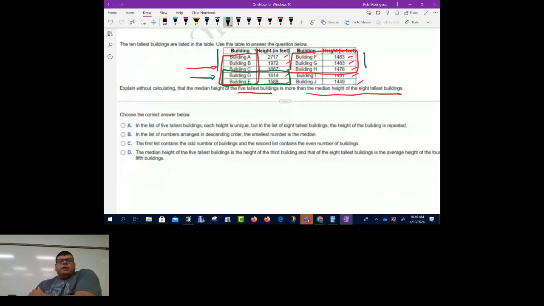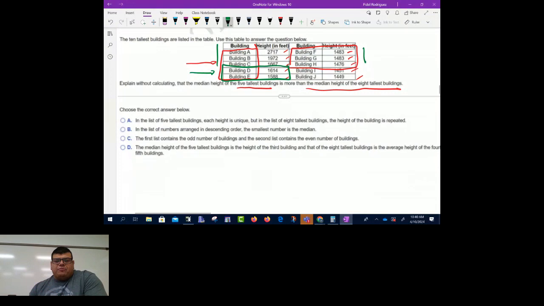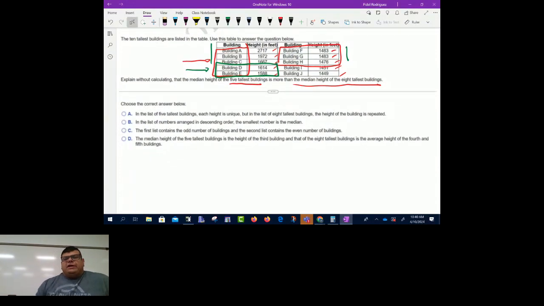Okay, so now let's take a look and figure out which one of these best represents our answer here. Y'all, I'm just looking at this and I start reading part D. It says the median height of the 5 tallest buildings is the height of the third one. Hey, that's what we said right here, right? It was the height of building C. And that of the 8 tallest buildings is the average height of the 4th and 5th.